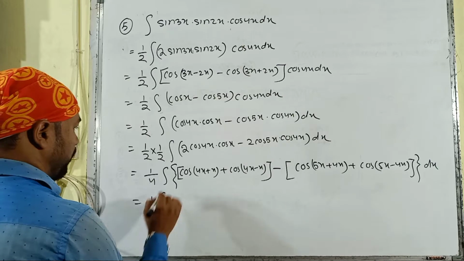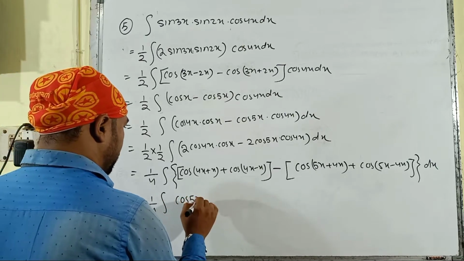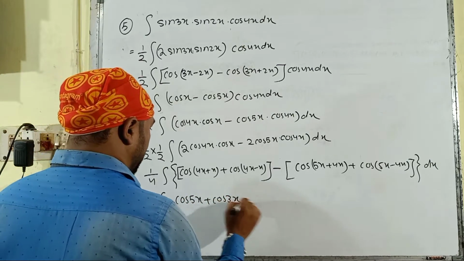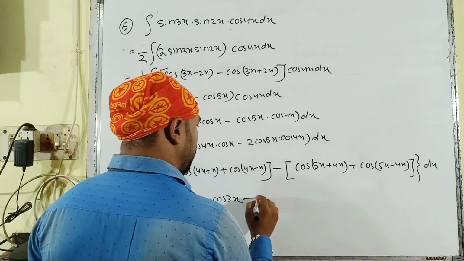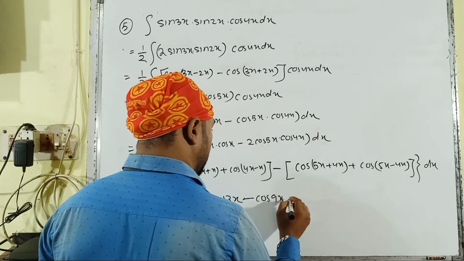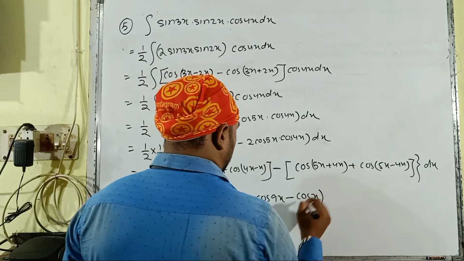Then it is 1 upon 4. It is cos 5x plus cos 3x minus cos 9x minus cos x.